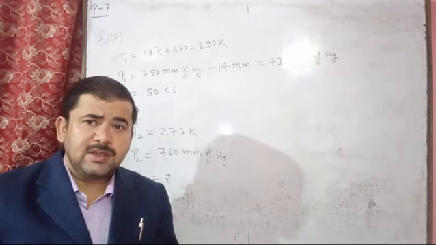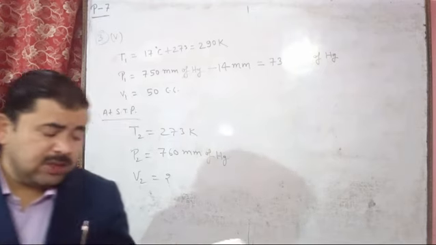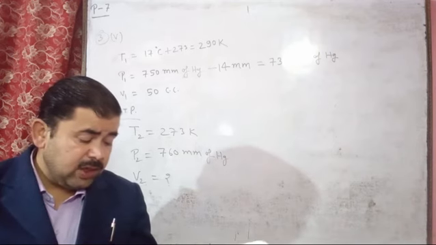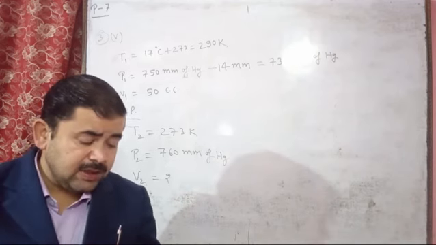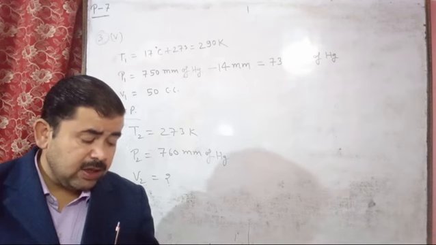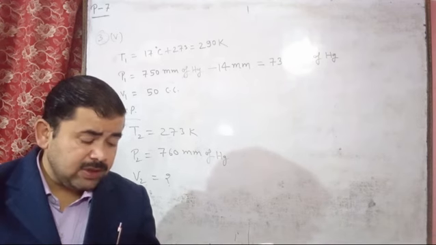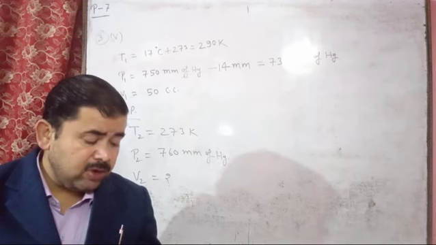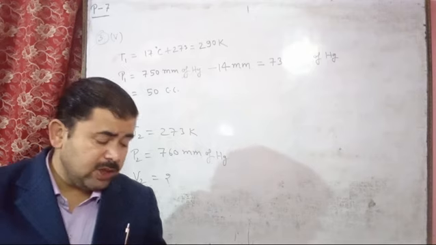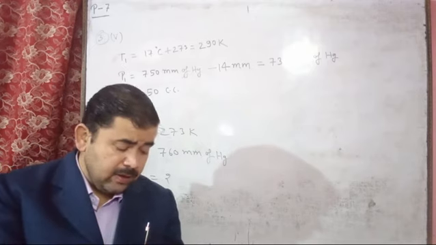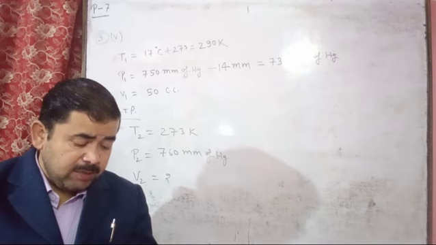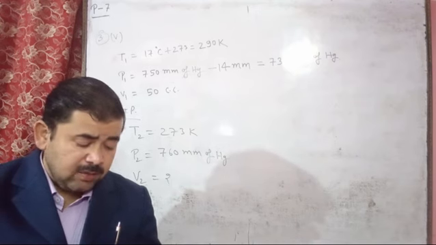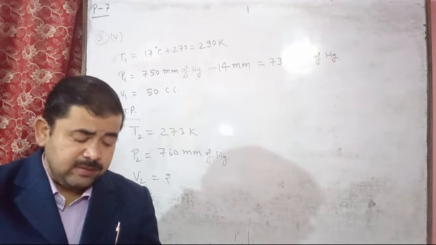In question number 6, fill in the blanks with the correct word from the words in brackets. First, if the temperature of a fixed mass of a gas is kept constant and the pressure is increased, the volume correspondingly decreases. Second, if the pressure of a fixed mass of a gas is kept constant and the temperature is increased, the volume correspondingly increases.